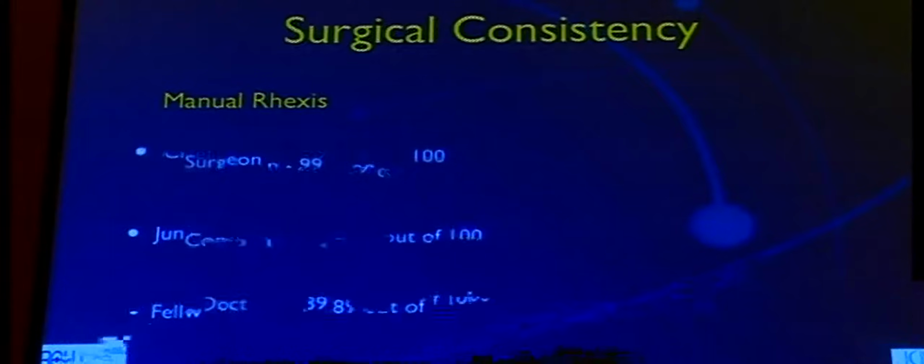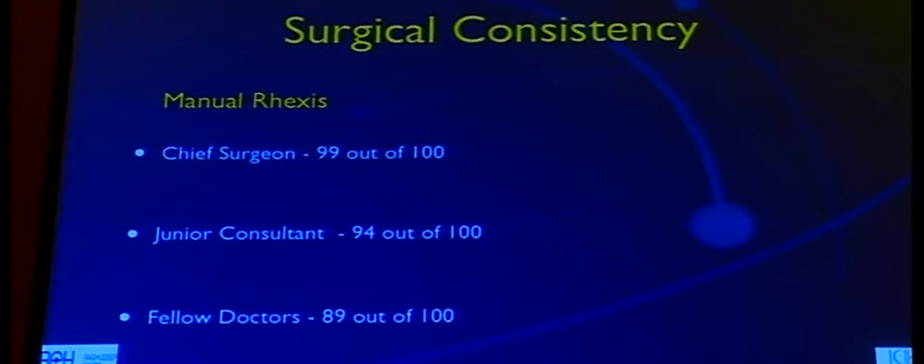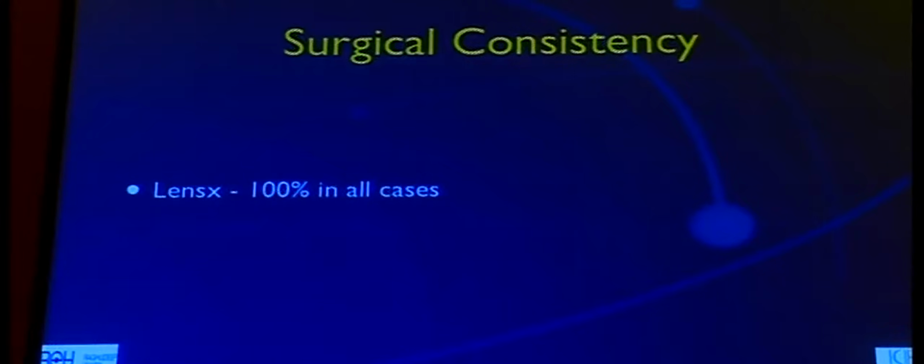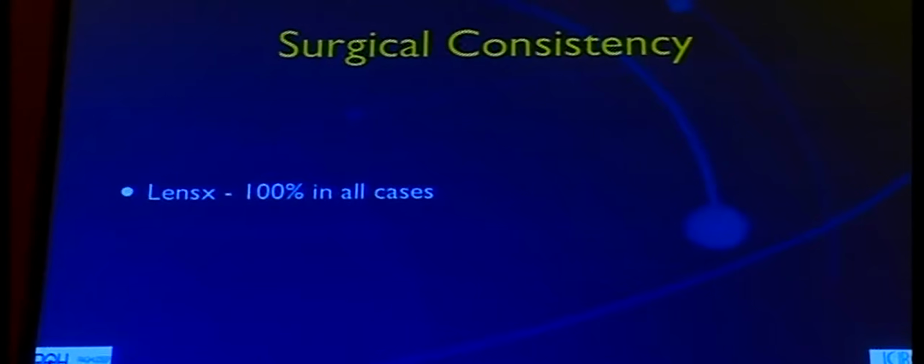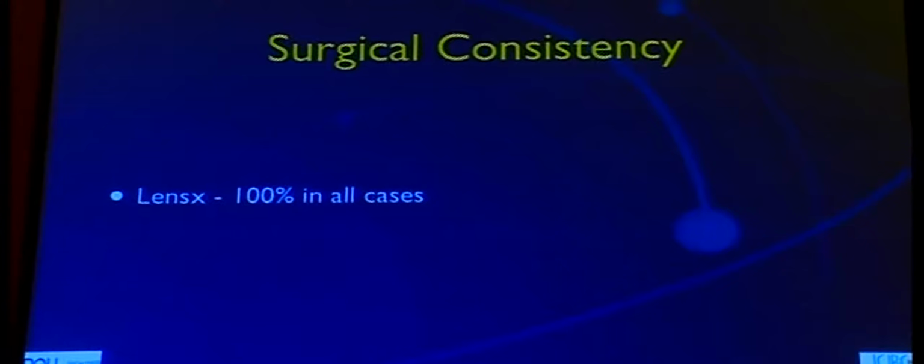And that gave us a belief: why not 100%? So I can vouch that these femto-assisted capsulorhexes, whichever company you have, will be able to produce 100% in your routine cataracts. I'm convinced.